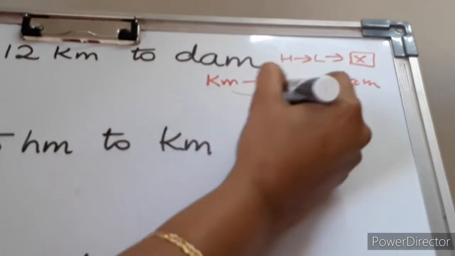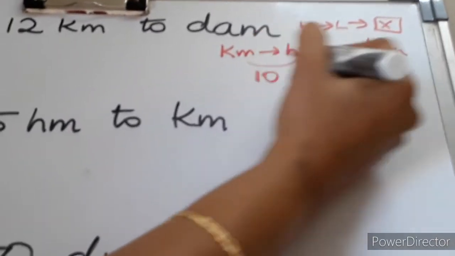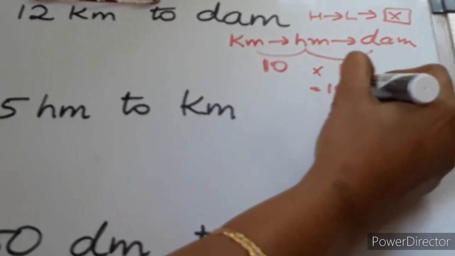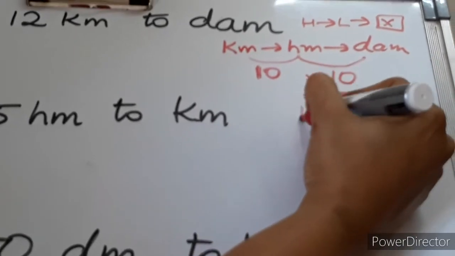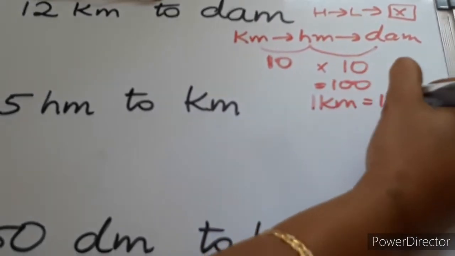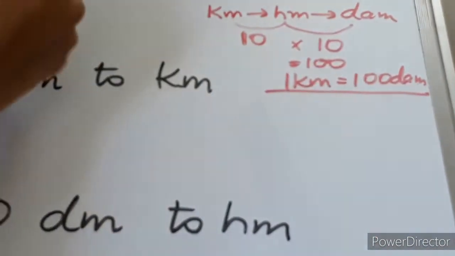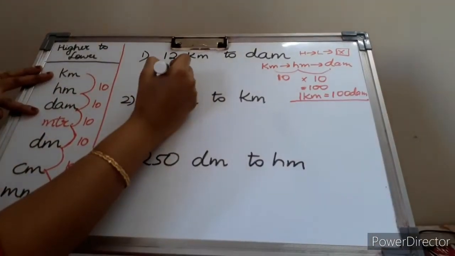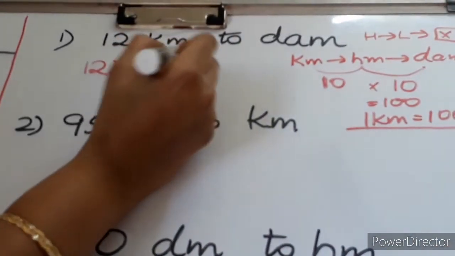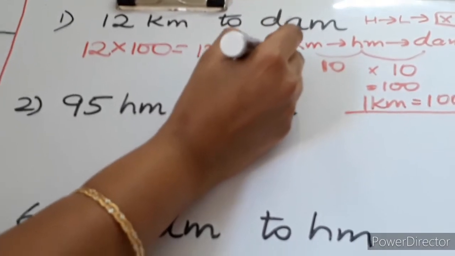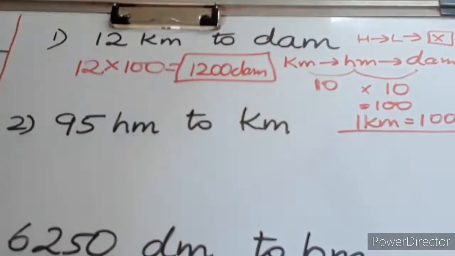Now for how much value? The difference in the value of each step goes by 10. So 10 into 10 will be what? 100. So our conversion value will be what? 1 kilometer is equal to 100 decameter. Okay, this is the conversion value. And we will solve the sum like that. 12 multiplied by 100 is how much? 1200 decameter. This is the answer.